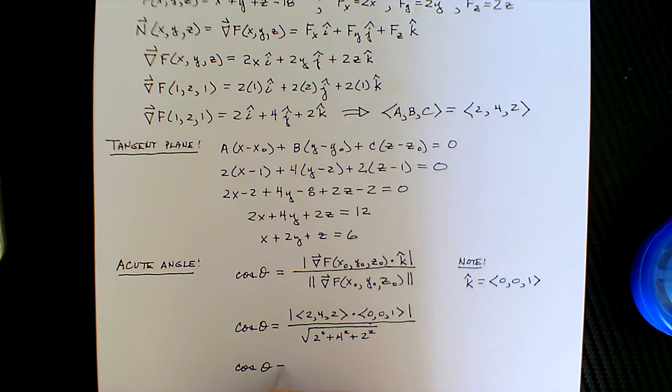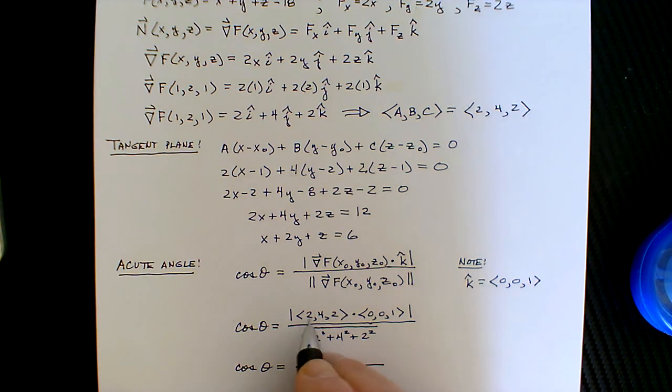Okay, so the cosine of the angle is, remember, dot product, i times i, so 0, j times j, 0, k times k, plus 2, over the square root of 4 plus 16 plus 4, which is 24, wait, 4 plus 4 plus 16 is 24.